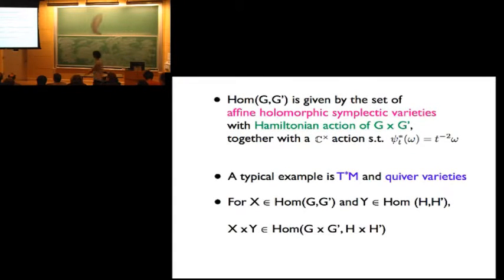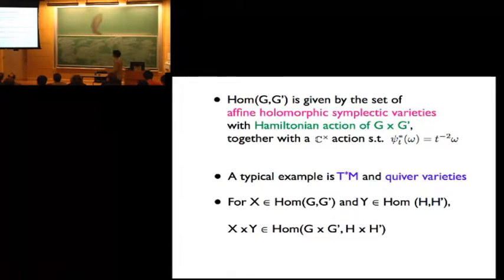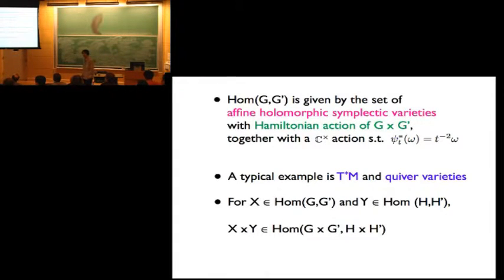The Hom between G and G prime, two groups, is given by the set of affine holomorphic symplectic varieties with a Hamiltonian action of G times G prime. And you need a certain extra condition of having a nice C-star action, which rescales the holomorphic symplectic form. But for the moment, you can forget about it.